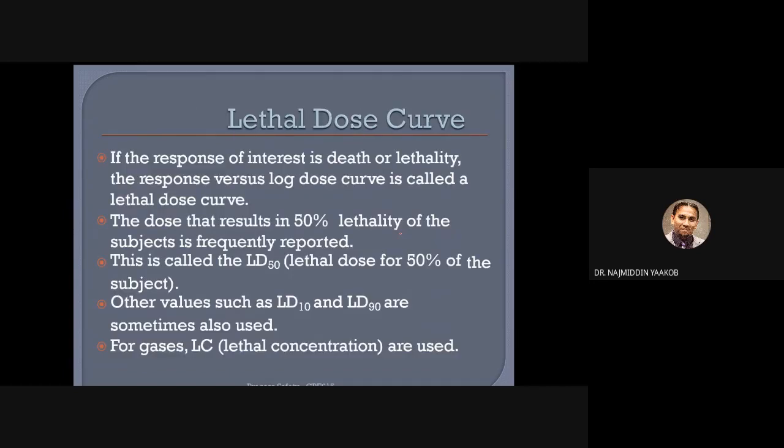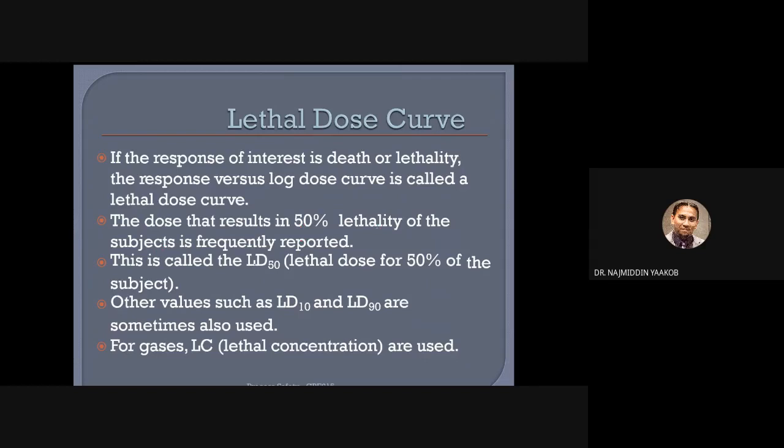What is a lethal dose curve? Lethal means death. So if the response of interest is death or lethality, the response versus dose curve is called a lethal dose curve, meaning the dose that can lead to lethality. The dose that results in 50% lethality of the subjects is frequently reported.